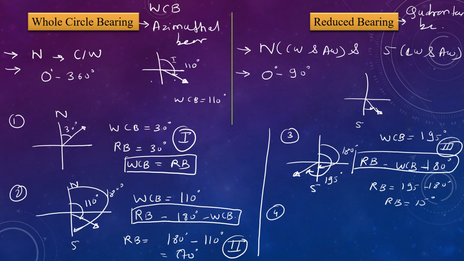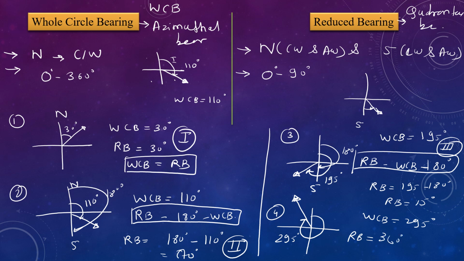Next, if we take the same condition, but the angle is in the fourth quadrant. The total angle from the north pole is, assume, 295. Then the WCB value is 295 here. But for the RB, the formula is: this total is nothing but 360 degrees.